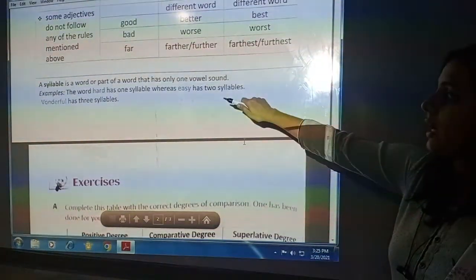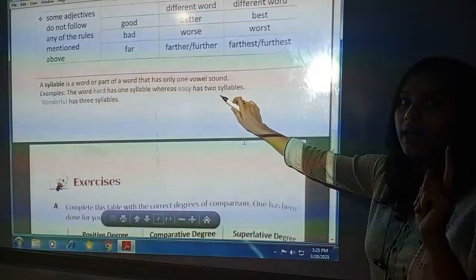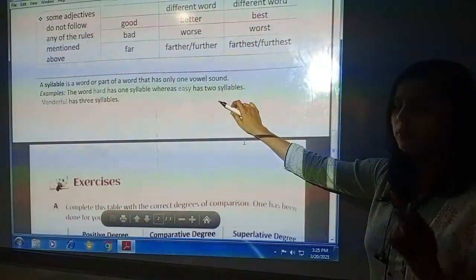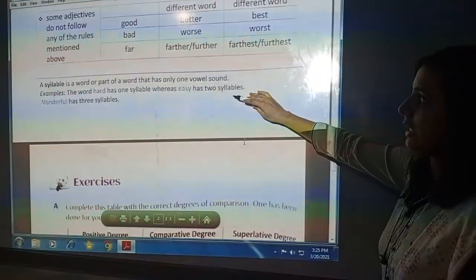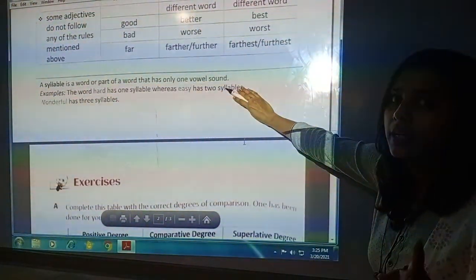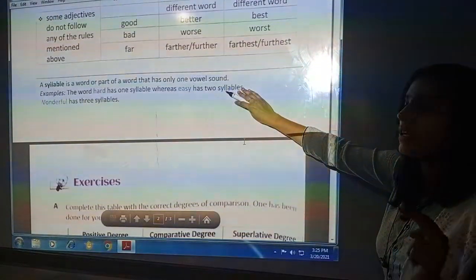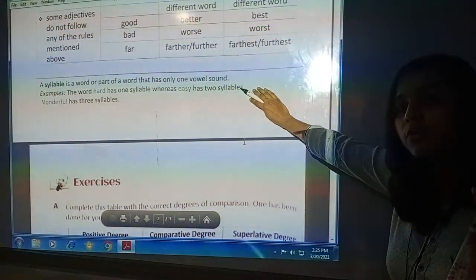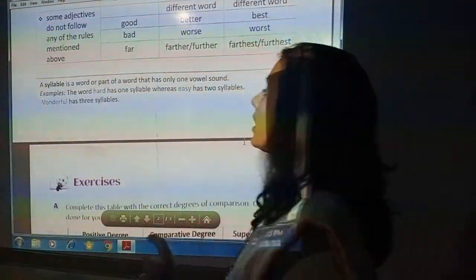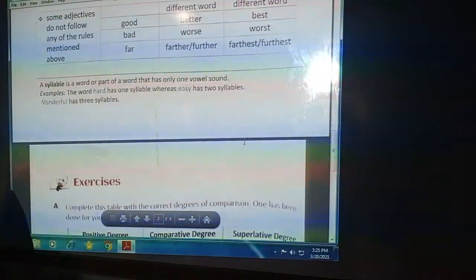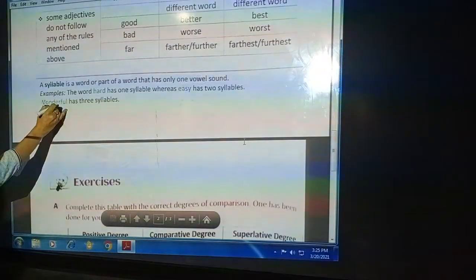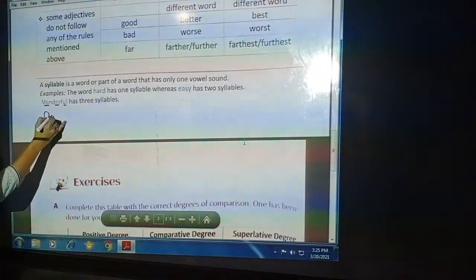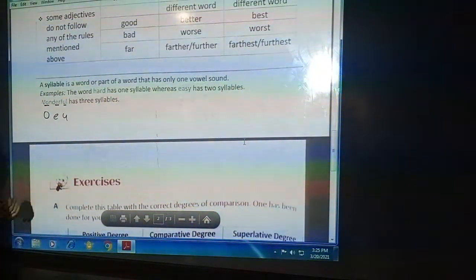For example, hard, only one vowel is there, A, so that is one syllable. In easy, 2 vowels are there, E, A. So that is 2 syllables. In wonderful, you can see that there are 3 vowels, O, E and U. So that is 3 syllables.